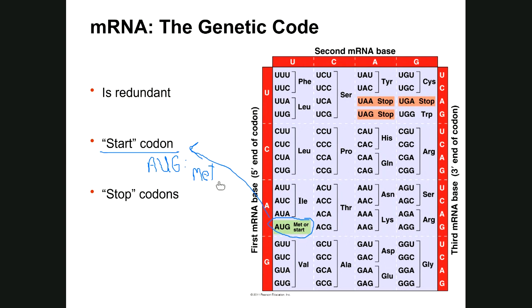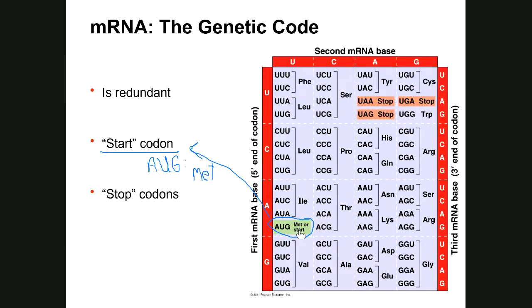In eukaryotes, whenever translation begins at the ribosome, the first amino acid grabbed by the ribosome is methionine. Now, whether or not that methionine becomes part of the final product, the active protein, that's another thing that's more involved. So you can see here, the start codon is called AUG. It codes for the amino acid methionine. And notice, for this amino acid methionine, there's no redundancy. This is the only codon that codes for it.